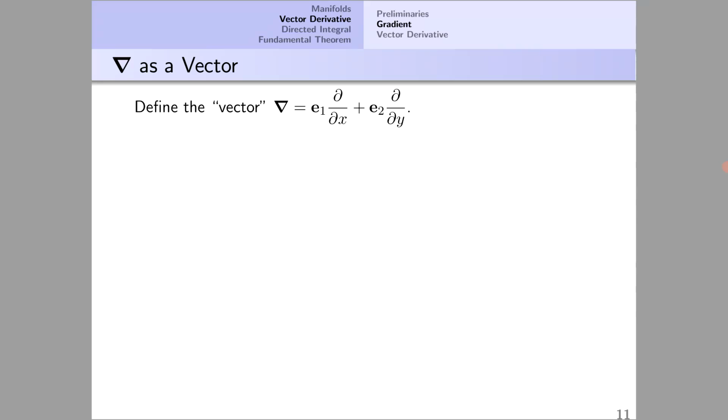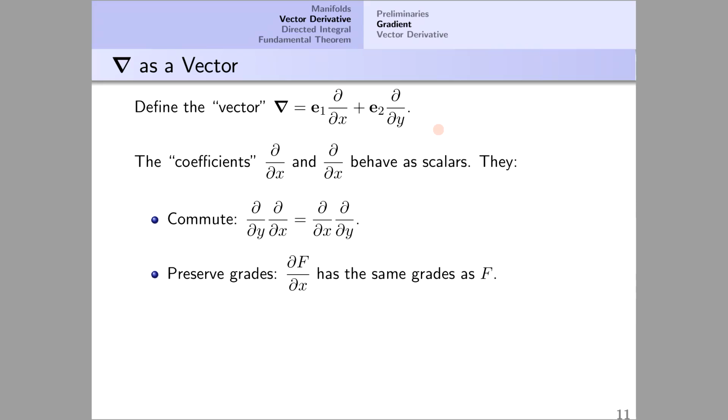Next, I introduce a vector operator, del, which is equal to this. The coefficients behave as scalars. They commute. This is the equality of mixed partial derivatives, and they preserve grades. This partial derivative has the same grade as f itself.